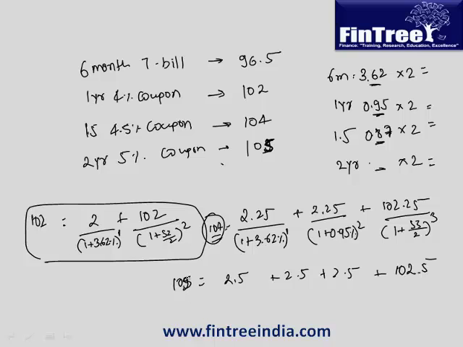Only one change: the bond price changes to 105. The first cash flow we discount again with 3.62% raised to 1, the second with 0.95% raised to 2, the third with 0.87% raised to 3, and then 1 plus S4 divided by 2 raised to 4. That's actually S2. This was S1.5.